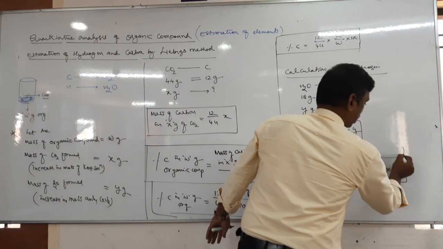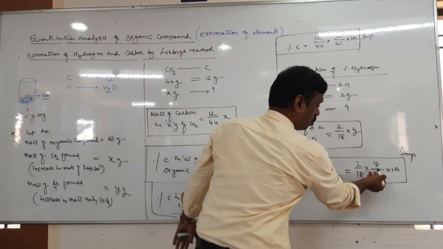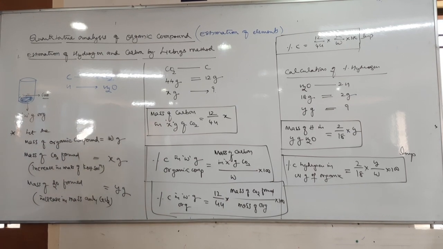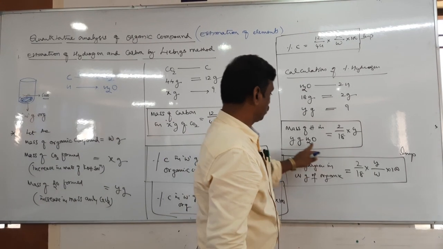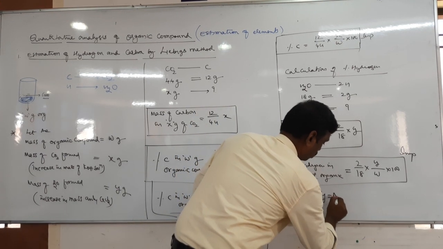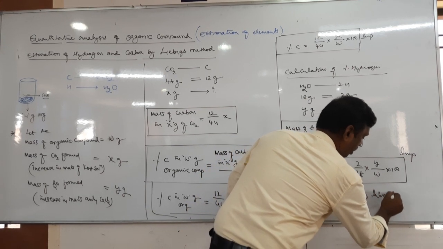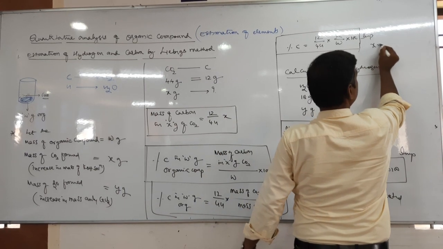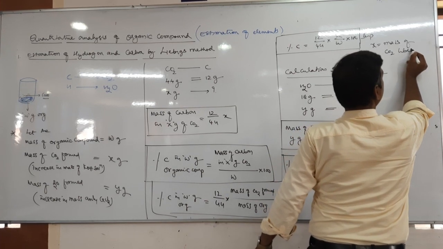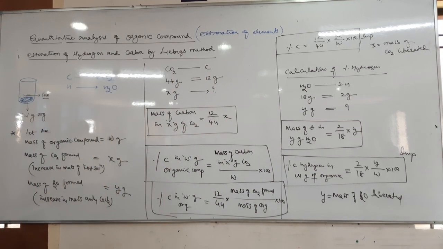Remember this directly. Here y equals the mass of H2O formed or liberated, and x equals the mass of CO2 liberated. It is by Liebig's method.